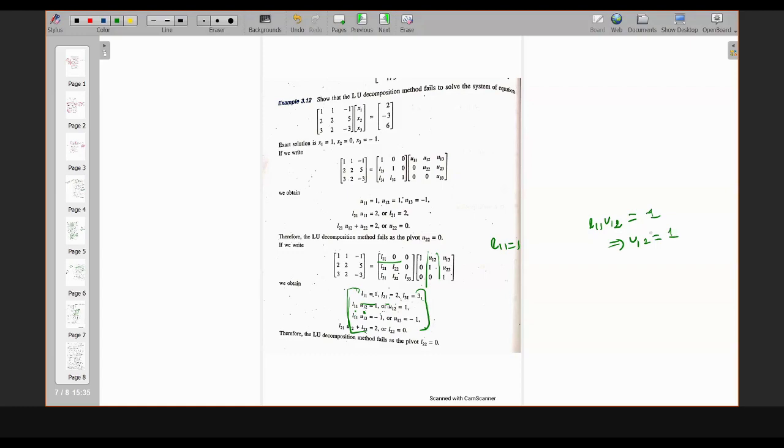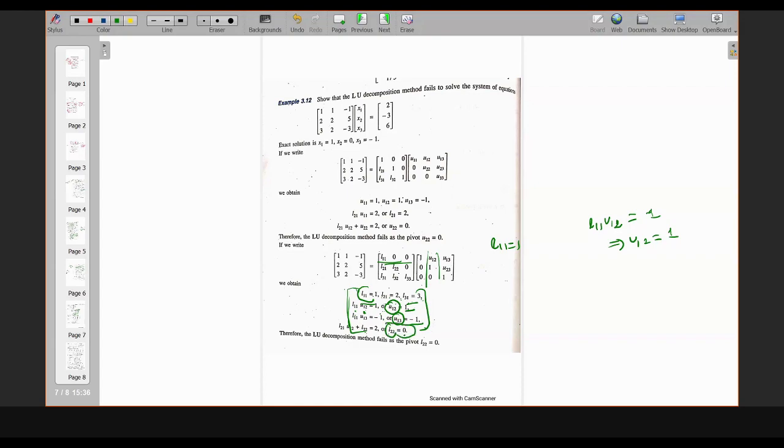I was surprised here because they did not write in the sequential order as I had gone. If you go with that approach, then in the end you will get the solutions L11 equals 1, L21 equals 2, L31 equals 3, U12 equals 1, U13 equals minus 1, and L22 equals 0.